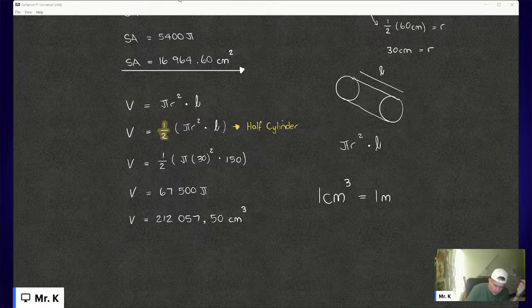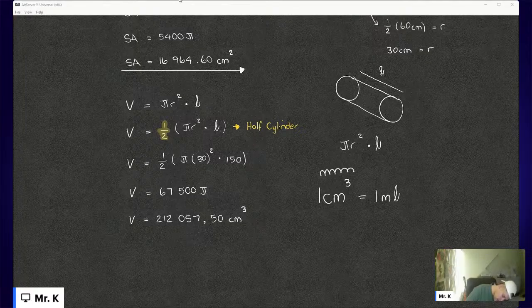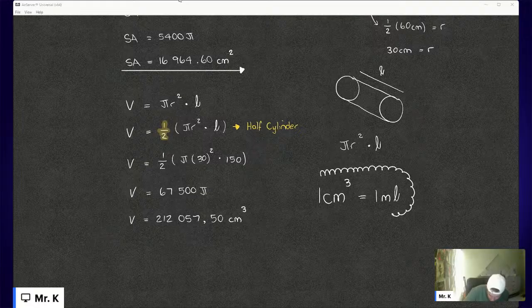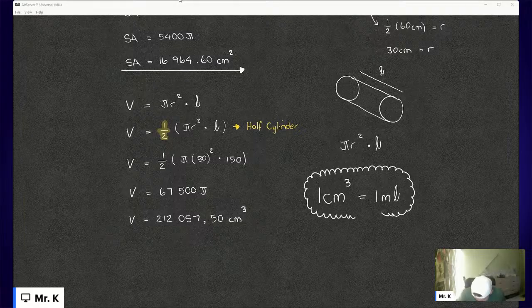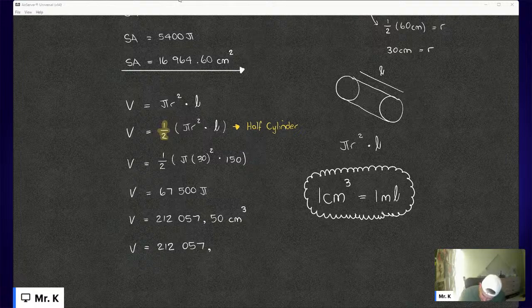So when the question asked us about milliliters, a lot of you would have gotten very nervous, but it's helpful to keep in mind that a cubic centimeter, right? Whenever we write these answers for volume in cubic centimeters, we can write it just as easily in milliliters. So taking this answer, we can simply write it as 212,057.50 milliliters. And that is the final answer for today's question, guys.